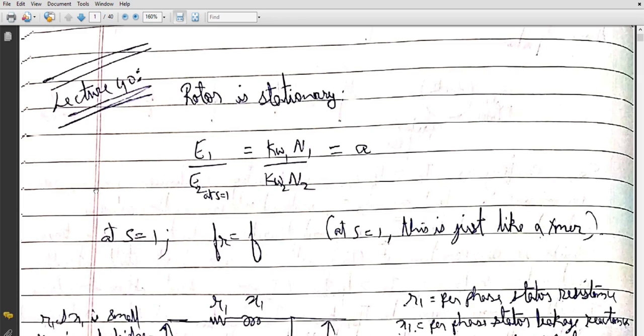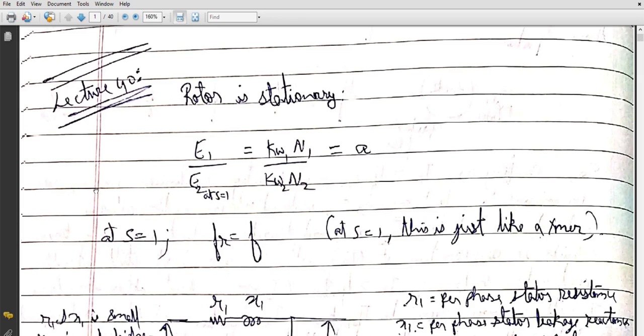Since the rotor frequency changes, the reactance also changes, and the induced voltage E2 on the rotor side also changes. We have already seen how these change, what the effects are, and how the power factor changes as the rotor starts rotating.